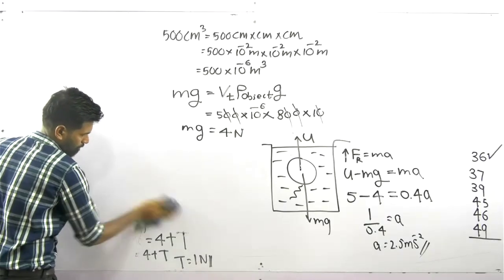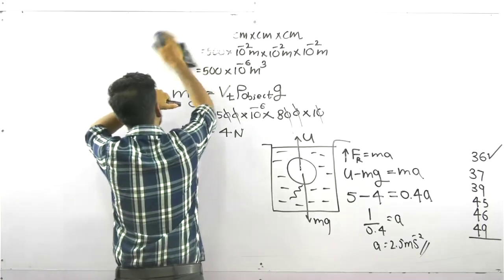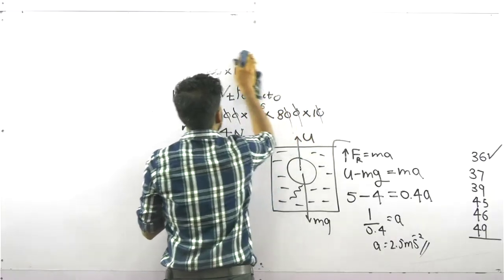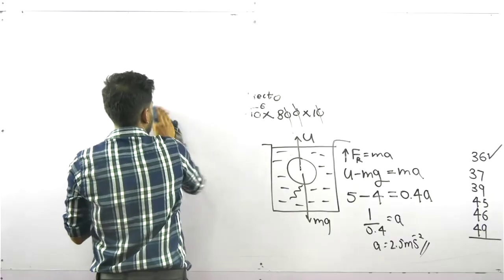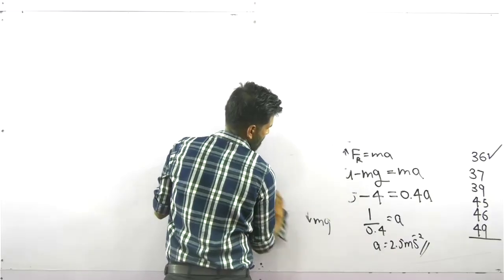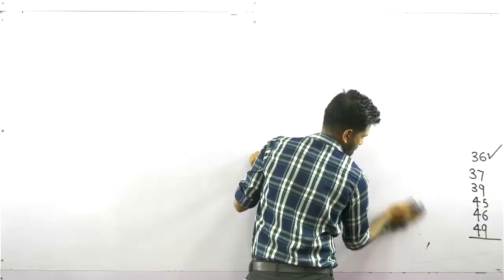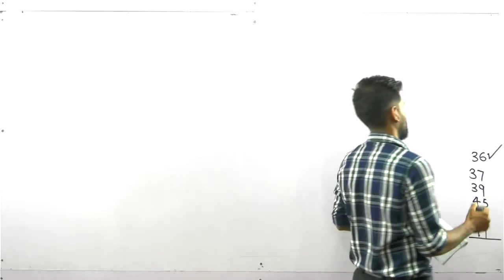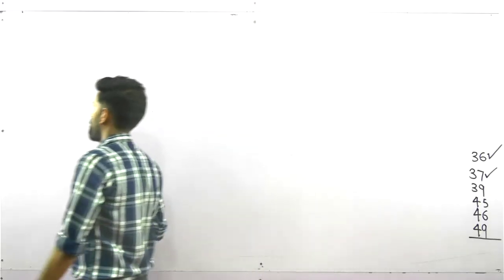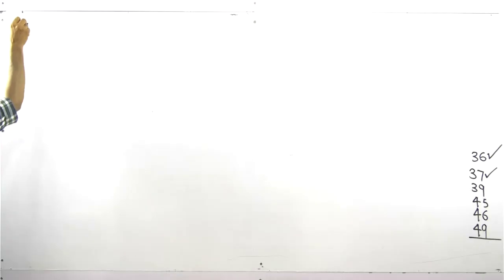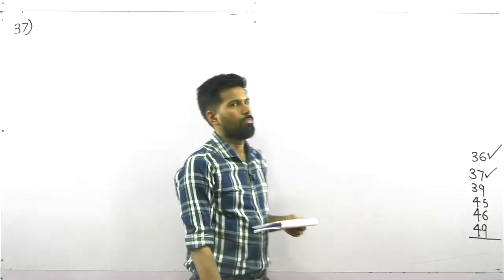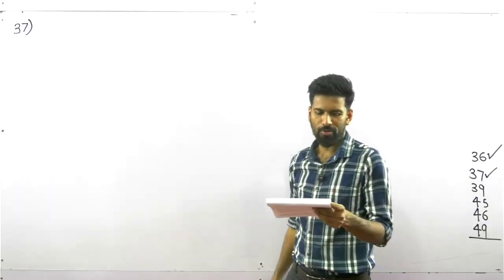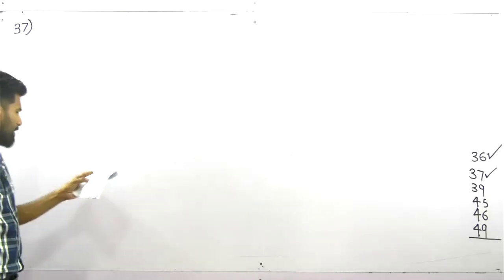Question number 37. An object of volume 200 cubic centimeters and density 400.